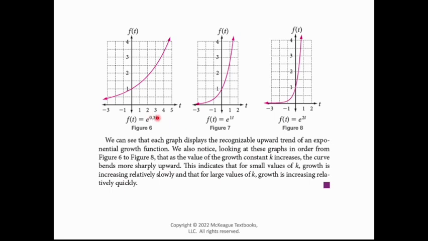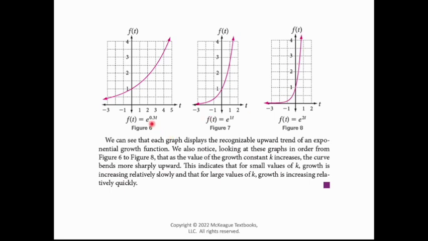As the exponent gets larger, so we have a 0.3t here, and a 1t here. So this, if I plug in, say, 7, is going to be bigger than this one. And then this one's going to be even bigger. It's going to be double that one. So when you look at the exponents as they grow, the rate in which the function increases grows. So it's going to go up faster and faster.